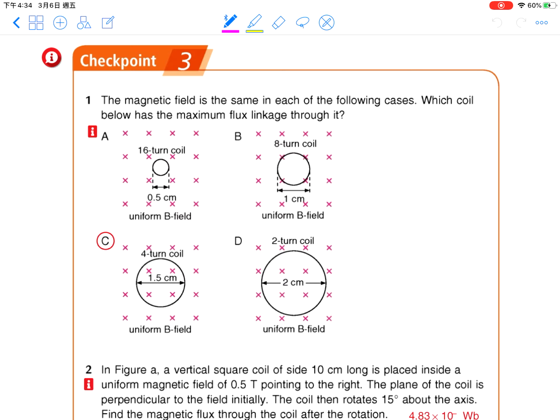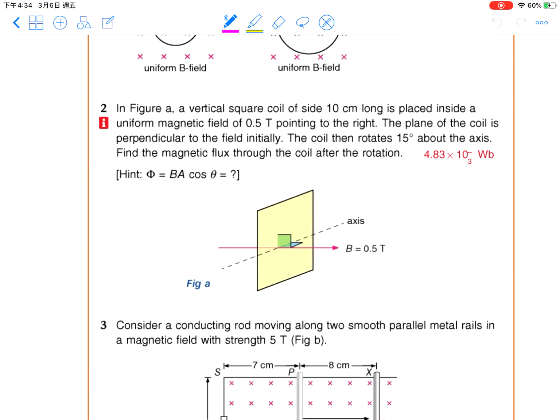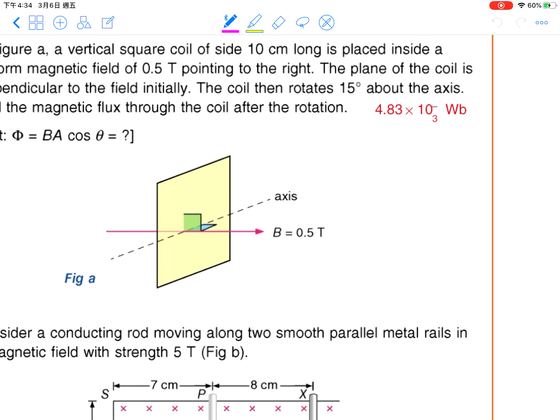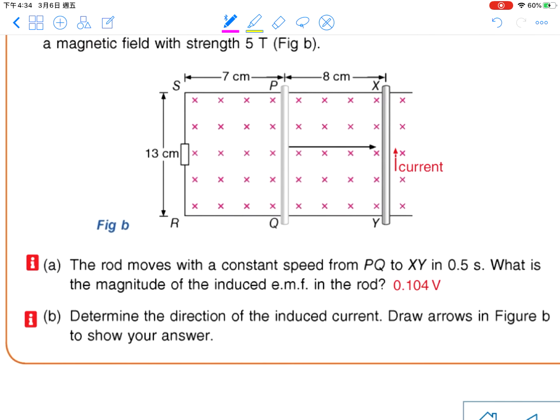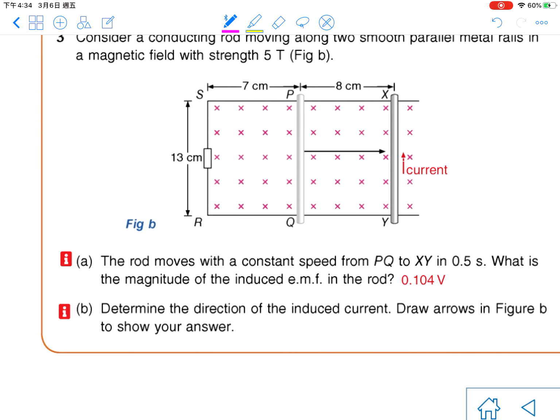When you have tried it, you can check the answer. Trap-on 3 answer C: 4.83 times 10 to the power minus 3 magnetic flux, in Weber. You can use either Lenz's law or Fleming's right-hand rule. You have learned this in chapter 5.1, right?